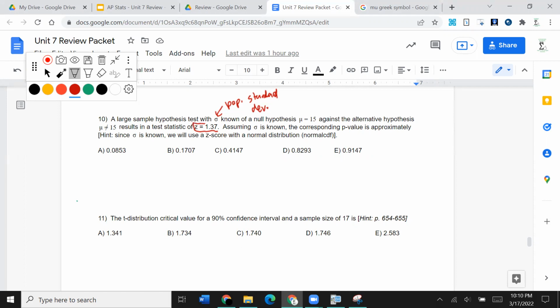Well, let's roll with what we have. We have a z-score, so we can get a p-value. In this case, what we're trying to figure out is if a z-score is 1.37. So I guess maybe right about there. And this is a two-sided test.